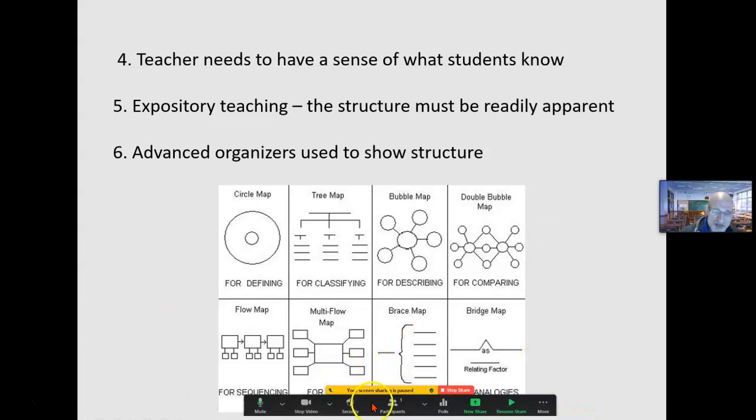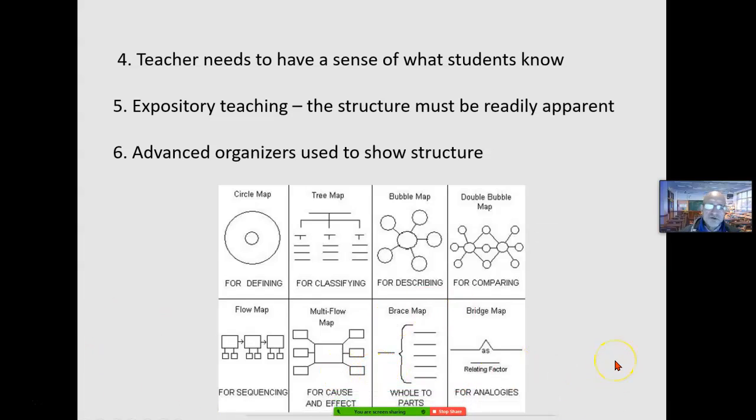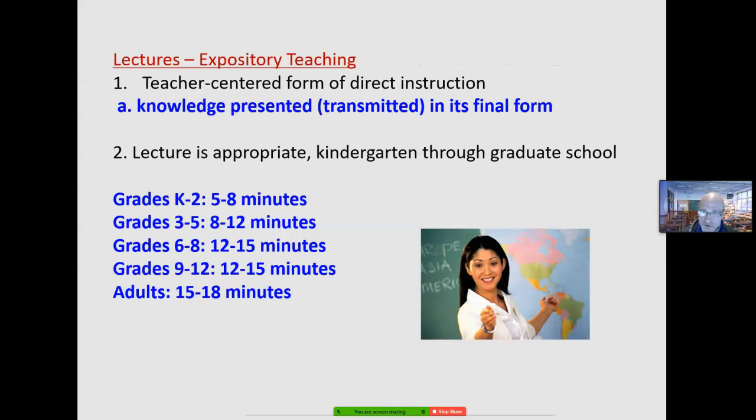It could be in some graphic form like this, or it could be a diagram, or it could be simply an outline, but it shows the structure of what is to be learned ahead of the lesson, or what is to be read about ahead of the reading activity. The structure is readily apparent. When I lecture in my class, I have an outline. I always write the outline down so that they can see the structure of what is to be learned.